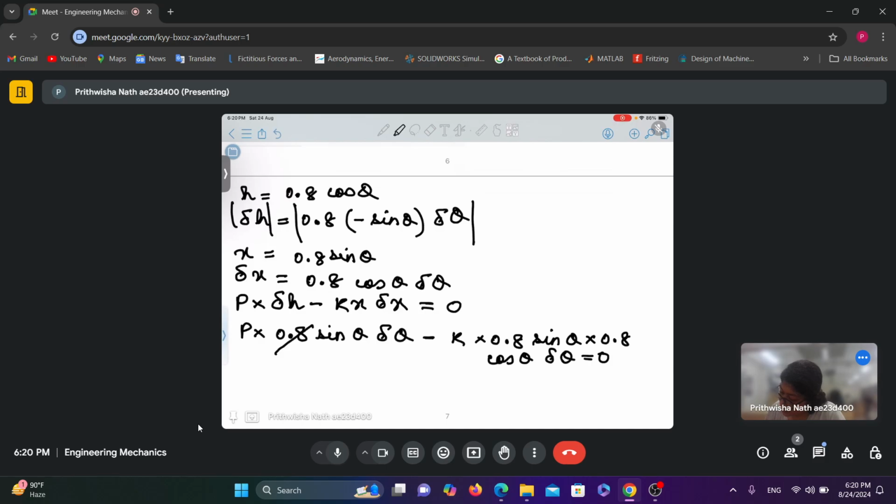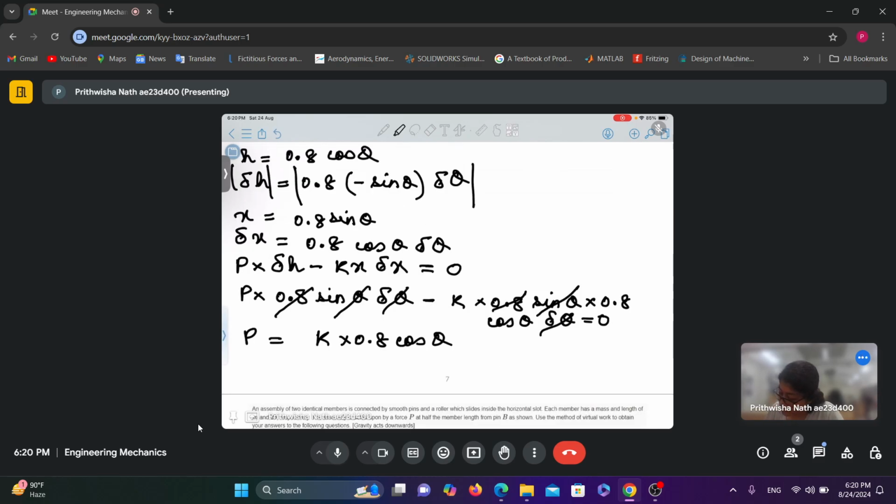Now I'll cancel 0.8 sine theta. So P equals to K into 0.8 cos theta.